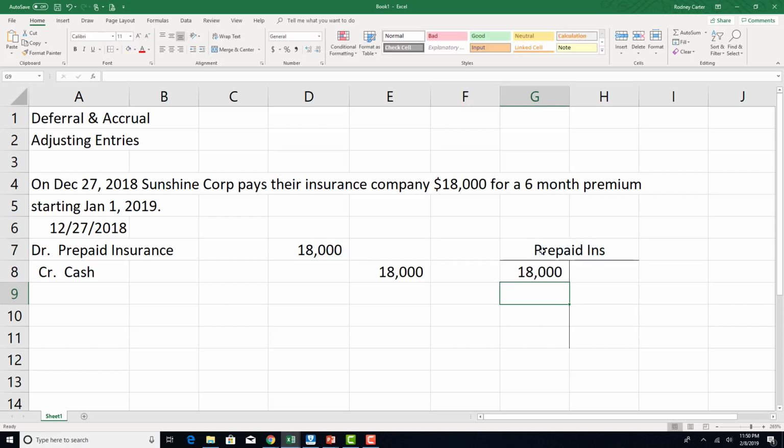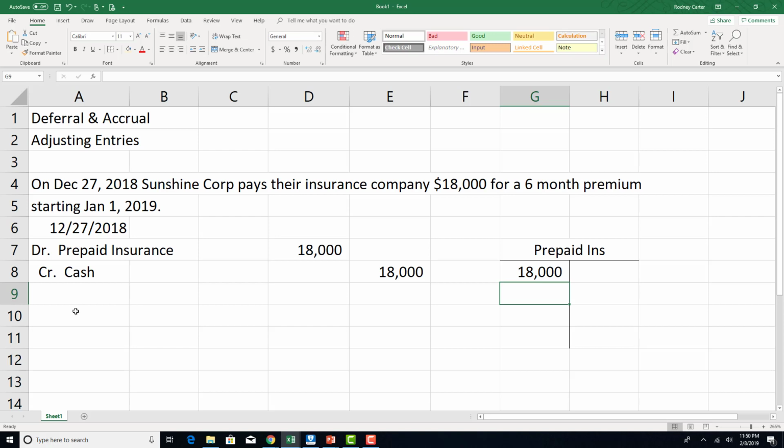So we start the new year. The answer to my question is that January 31st is going to be the first day we need to adjust this. Why? Because we have now used 1 month of the policy. 1 month of the policy has expired and been used by Sunshine Corporation.